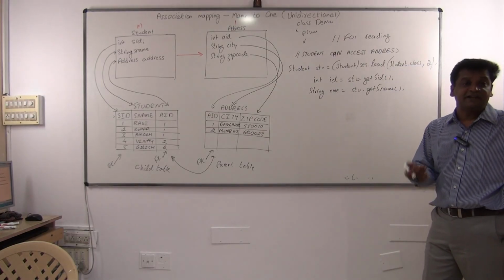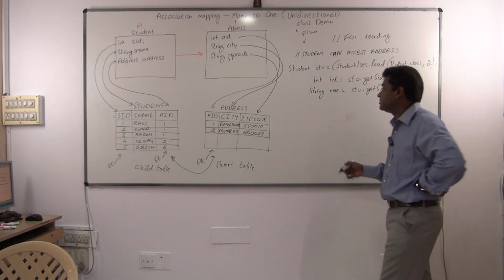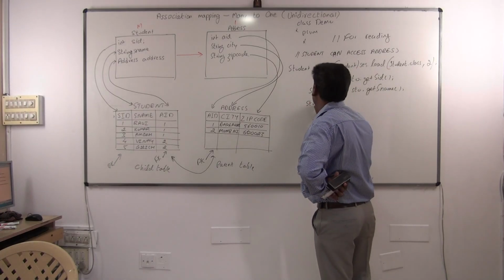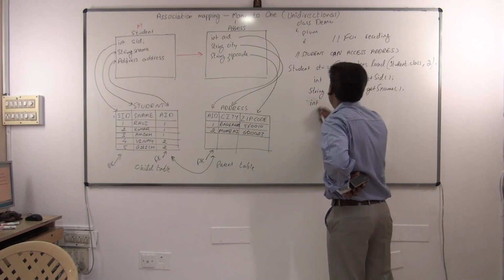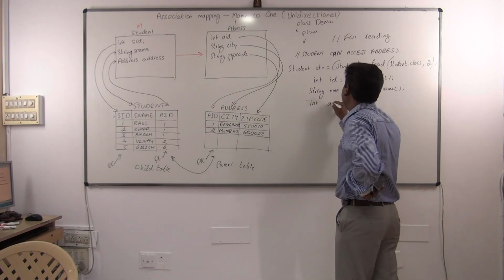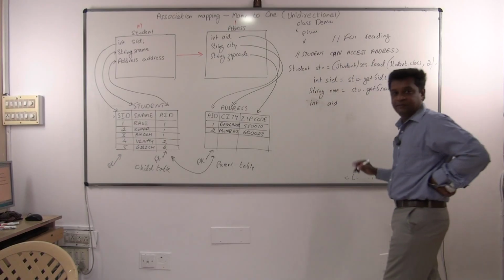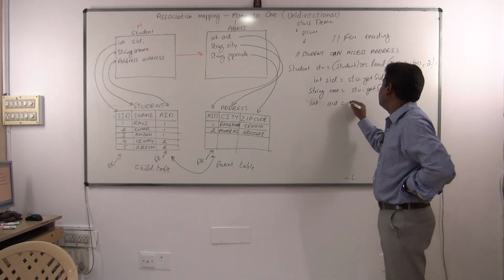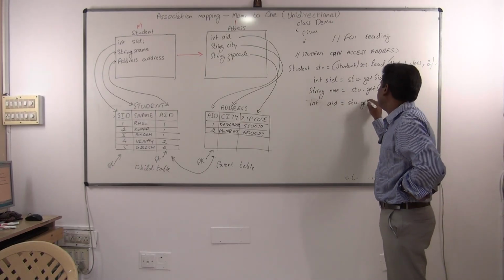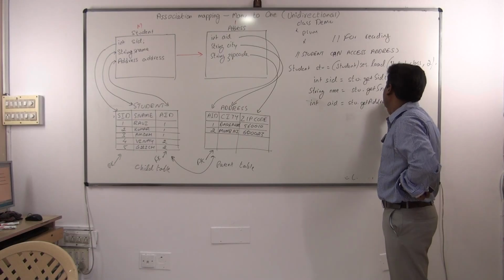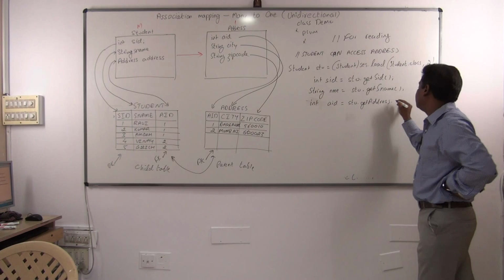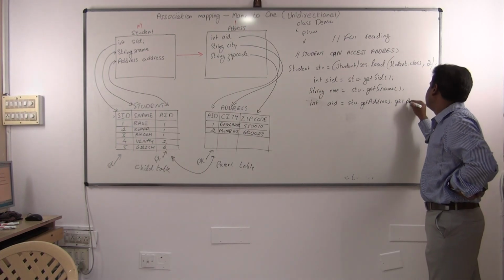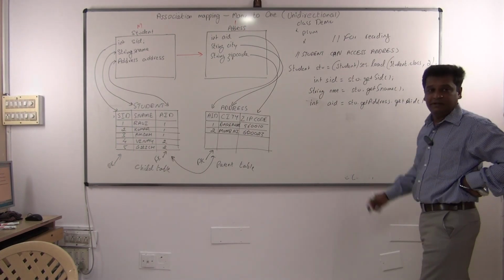But the most important thing is I can get his address. How will I get the address? See this. I'll take int, one more ID we will have now. Okay, I'll take it as aid only. This is student ID. int addressId is equal to stu.getAddress. What will getAddress give you? Address object. Dot getAID. That's it.